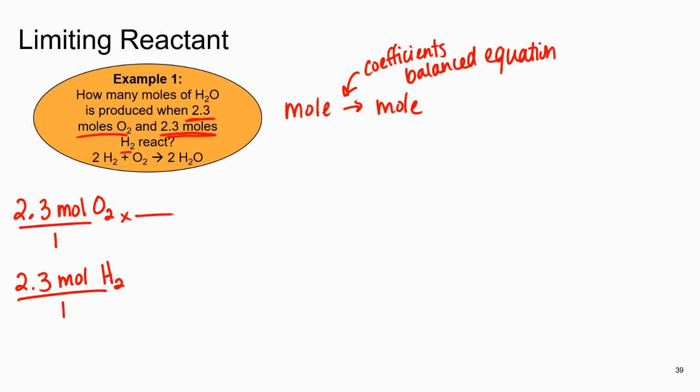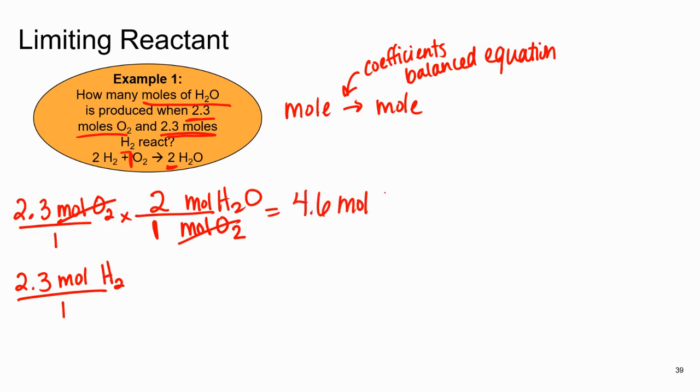So in the first problem, let's bring down moles of O2, and we want to get to moles of water. So we look for the coefficient. 2 moles of water are produced when that's an implied 1 mole of O2 reacts. And so we just get 4.6 moles of water are produced from the oxygen.